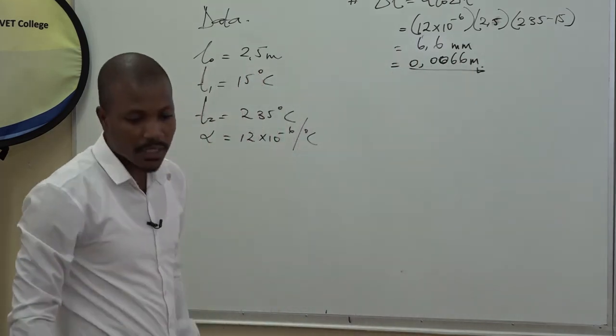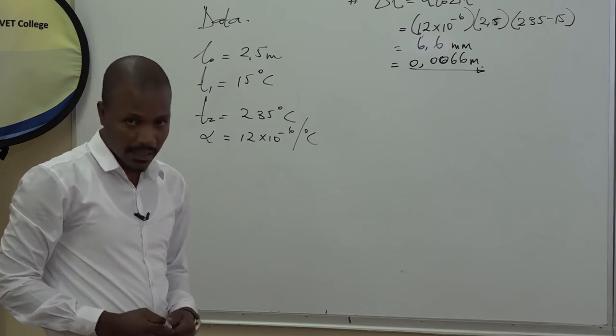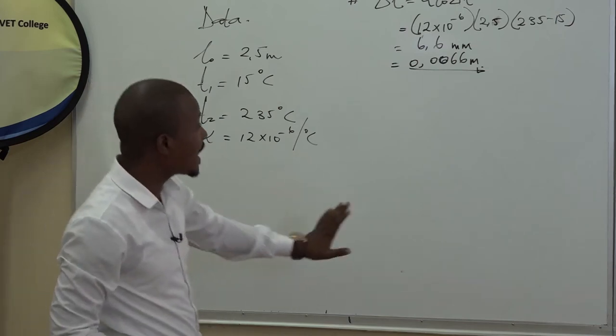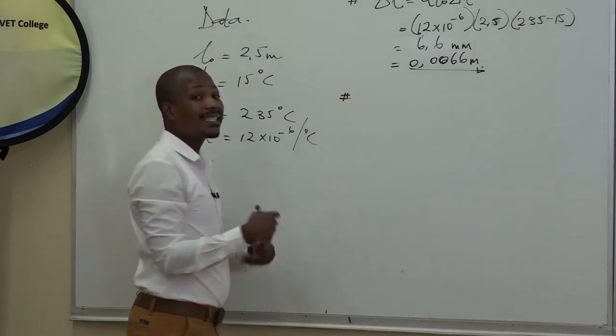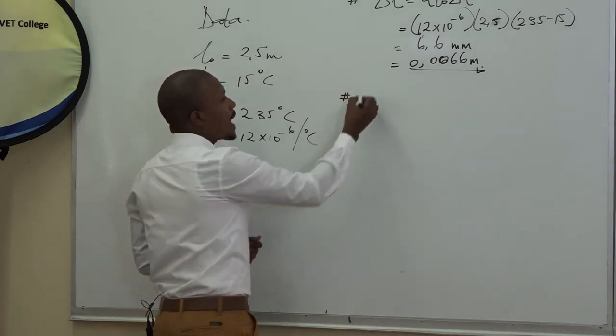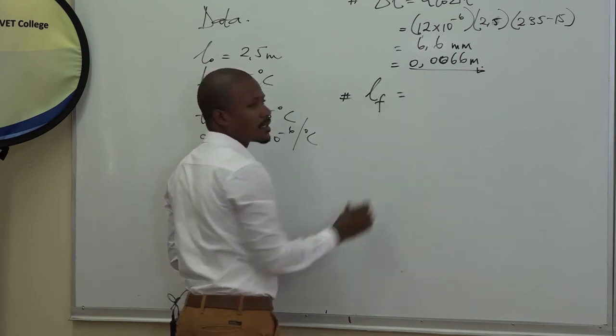And then the next question, they want us to calculate the final length, right? This is the increase in length. Now we're looking for the final length. If the length increased, what will the final length be?